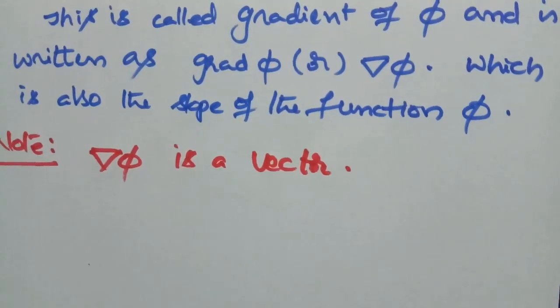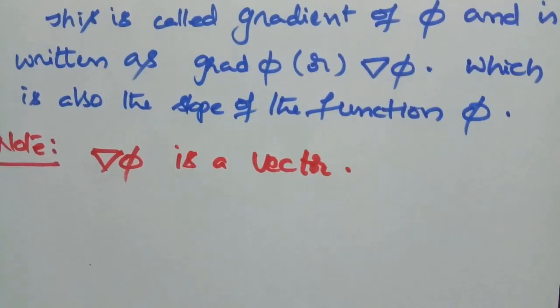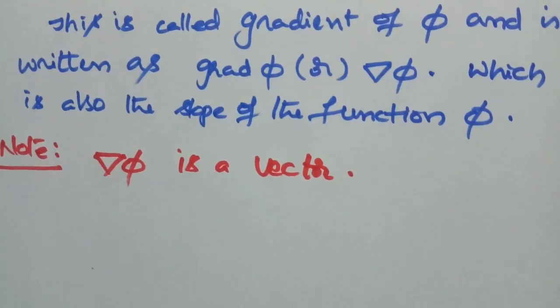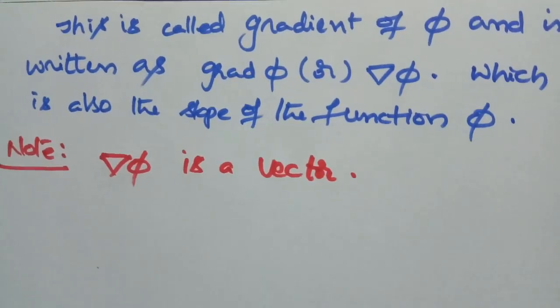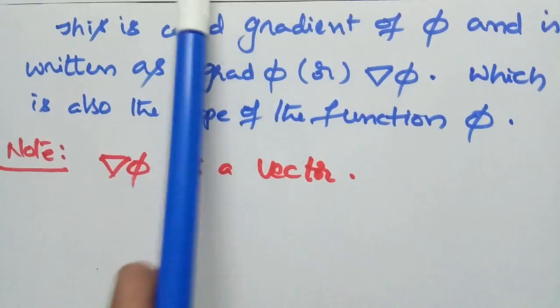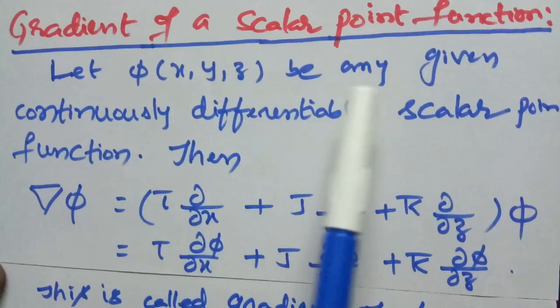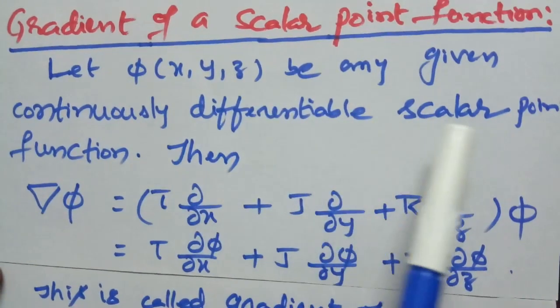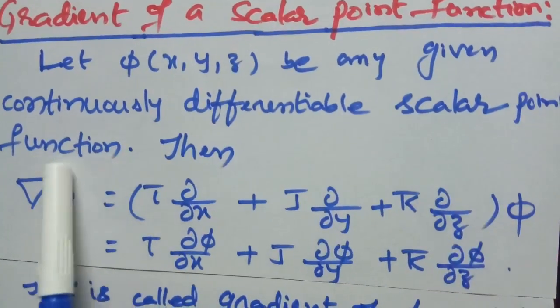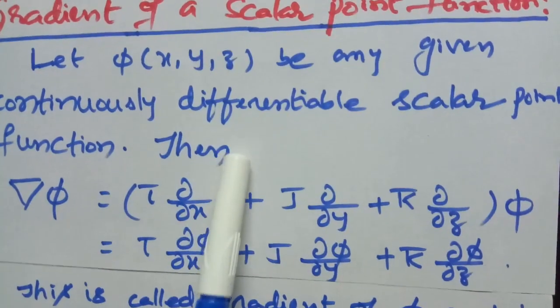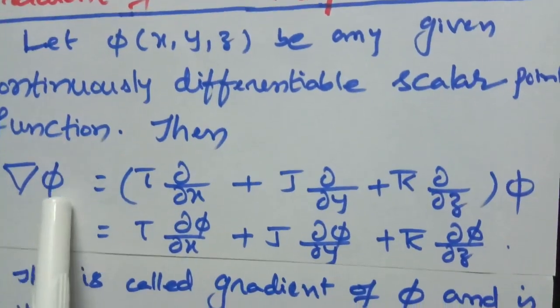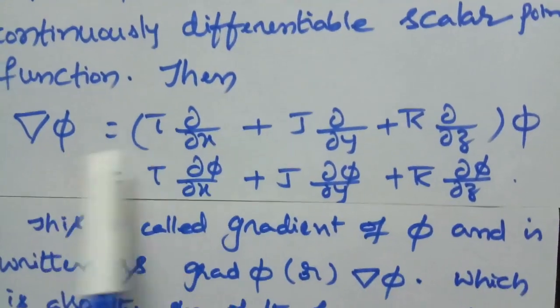So therefore, gradient of a scalar point function means phi is any given continuously differentiable scalar point function. Now we are applying del onto the scalar point function phi.